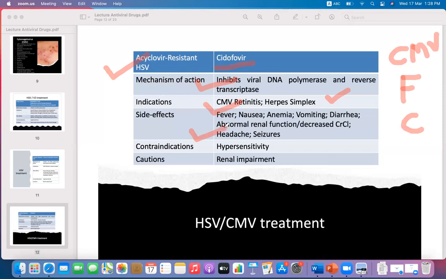Same: hypersensitivity and renal impairment are the contraindications and cautions. So we can say that foscarnet and cidofovir are used for cytomegalovirus infection, plus herpes simplex virus infection if it is resistant to acyclovir.